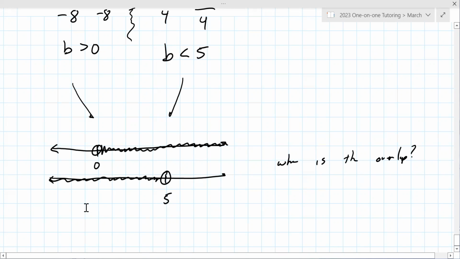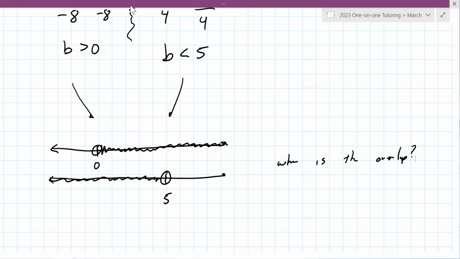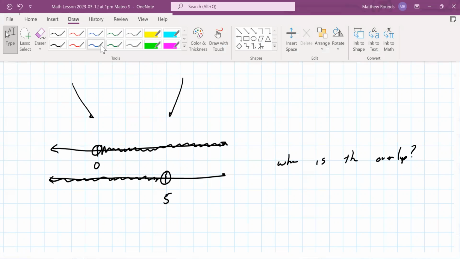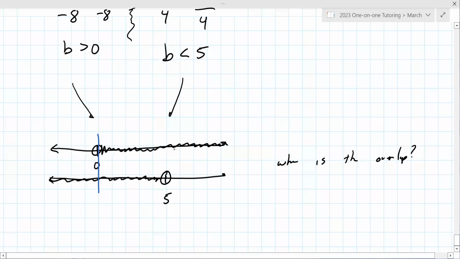Where are they both true? Do you see that they're both true in this region? I understand that part, but what about at the endpoints? Are they both true at the endpoints? No, they're not. So the conclusion is that they're not true at the endpoints, but they are true everywhere in between.